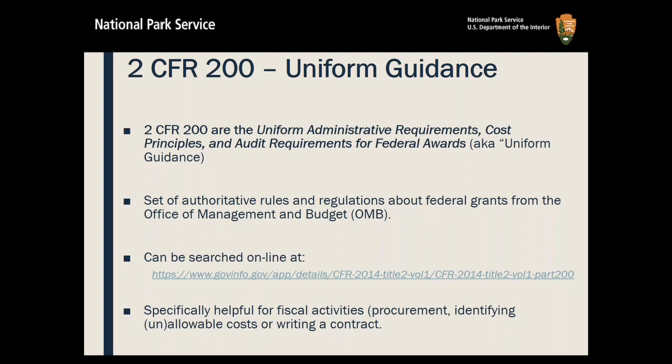It's a set of authoritative rules and regulations from OMB, and you can search it online. You can basically just search for 2 CFR 200 and you'll find a searchable PDF that's helpful to have saved somewhere.